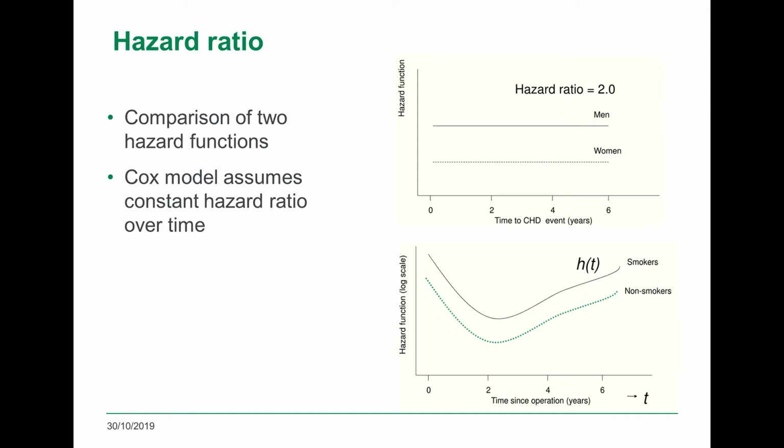We have two hazard functions in each plot, and the ratio of these two hazard functions stays constant. In the second plot, you might see that the hazard functions themselves go down until year 2 and then go up, but the height between the two hazard functions stays the same. I think I have talked about it already. So I hope this is all clear.